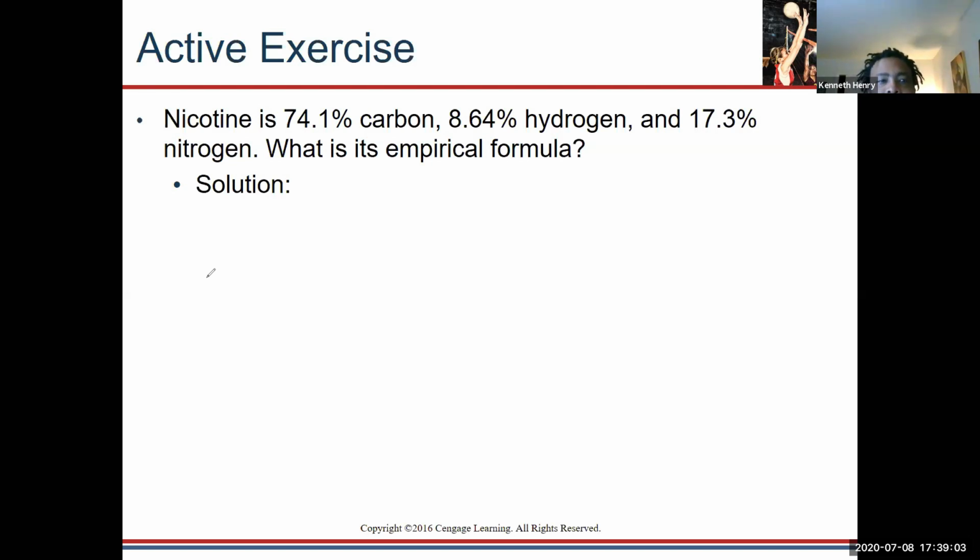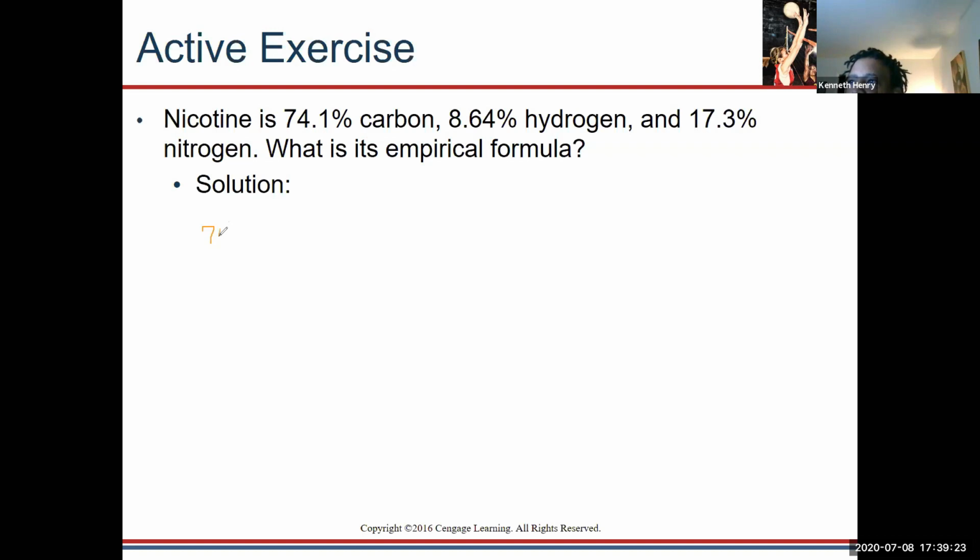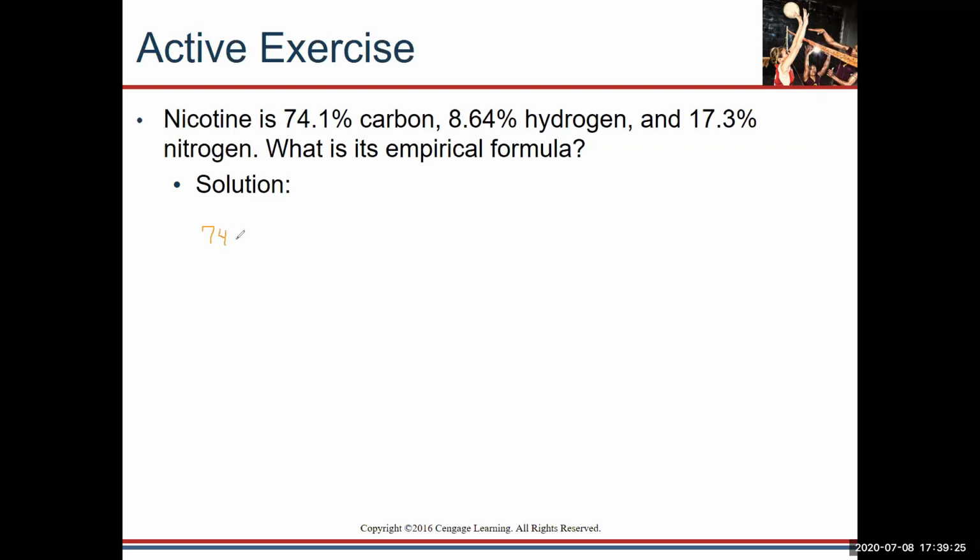Okay, so the first thing that we want to do is make an assumption that we have 100 grams of nicotine. So if I have 100 grams of nicotine, how much of it is going to be carbon? 74.1%. So we're going to have 74.1 grams of carbon.